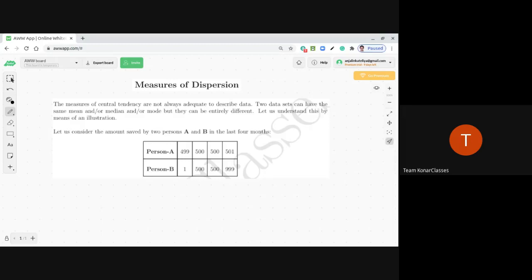Whereas person B saved rupees 1, 500, 500 and 999 in the first, second, third and fourth month respectively.